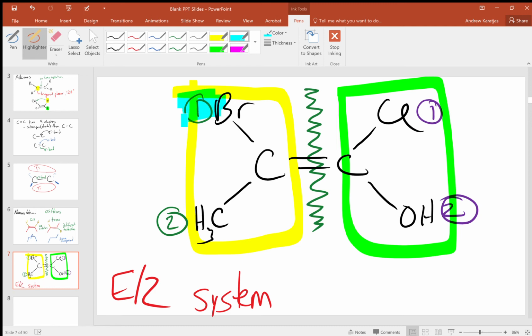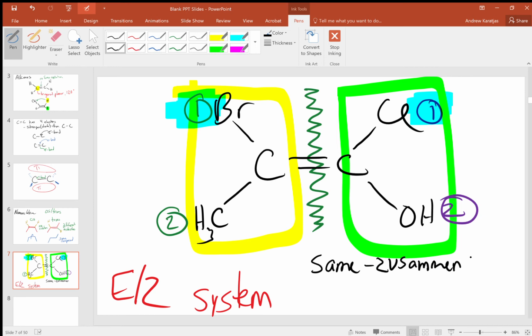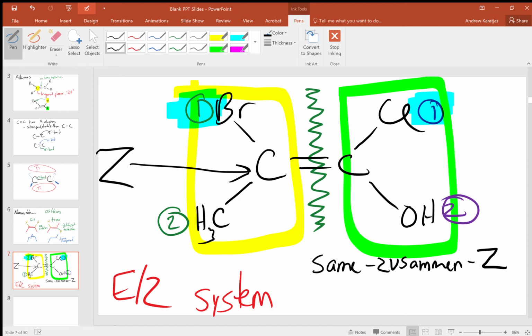And we can see here our higher priority groups are on the same side. So if they're on the same side, this time instead of using Latin, we go to German, and we use the German word for same, and we abbreviate that with Z. So this alkene in this molecule would be considered to be Z.